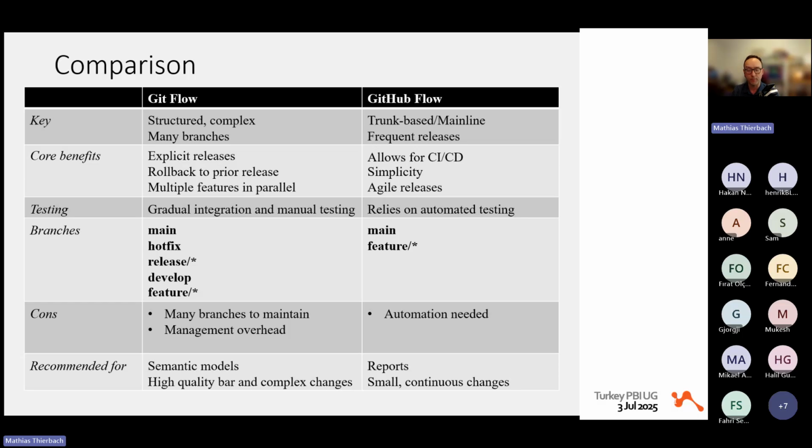Whereas on the other hand, reports, for instance, you can very easily afford to publish small changes continuously into production. First of all, the impact of those is a lot less severe. Secondly, it is probably quite common that small cosmetic changes are done in reports quite frequently and in direct response to stakeholder feedback.